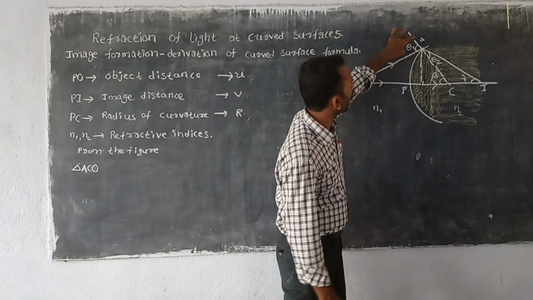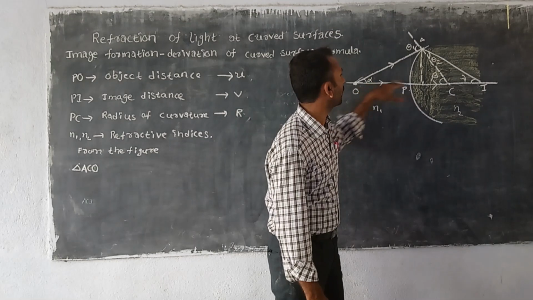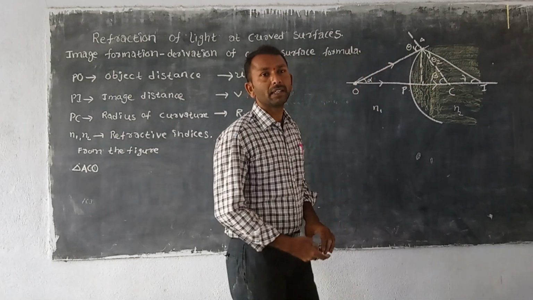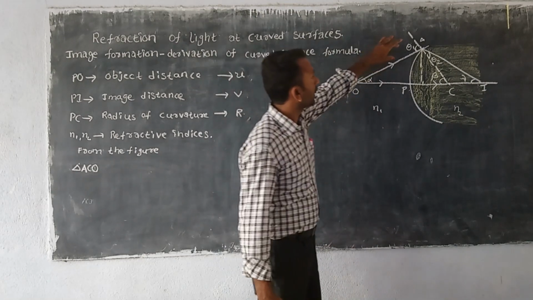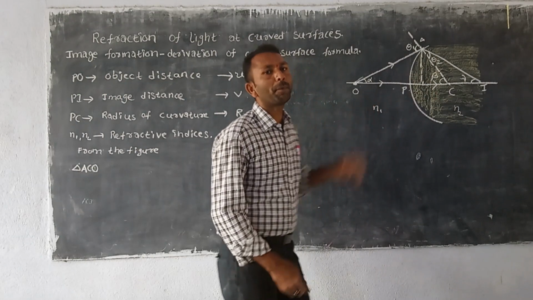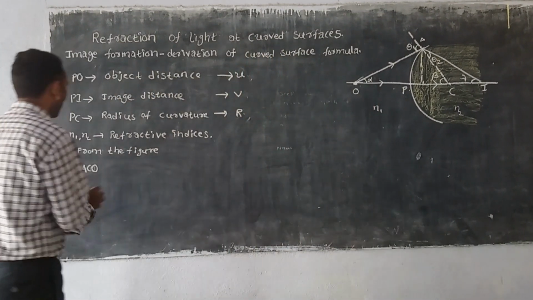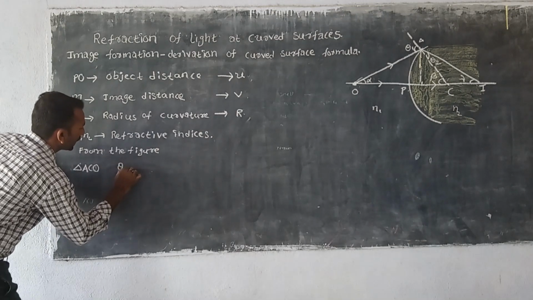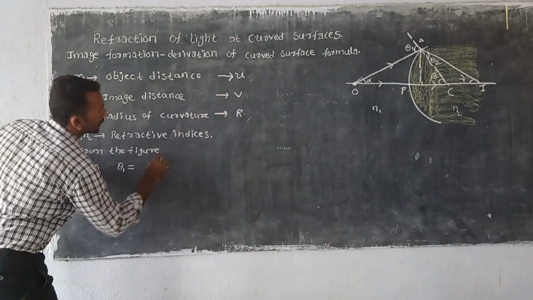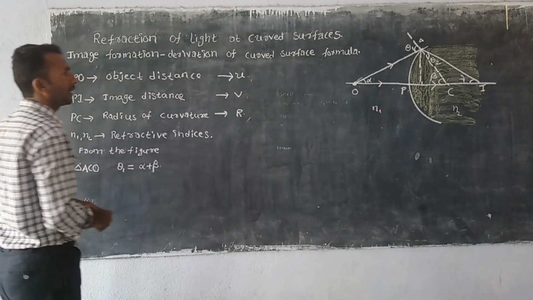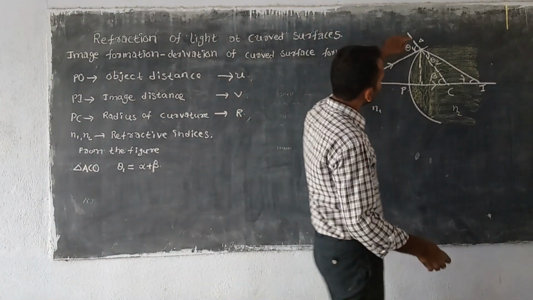This one is the external angle, and alpha and beta are the opposite internal angles. Based on the triangle rule, in a triangle, the external angle equals the sum of the opposite internal angles. So the external angle is theta 1, and theta 1 equals alpha plus beta. And what is the next triangle here?